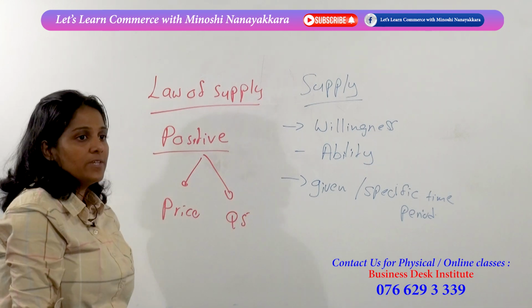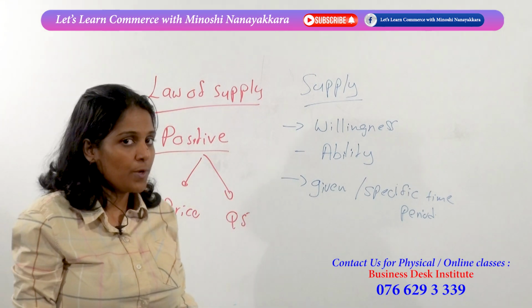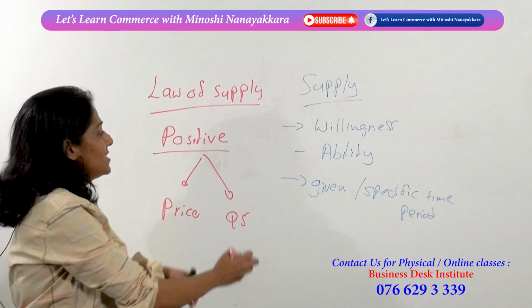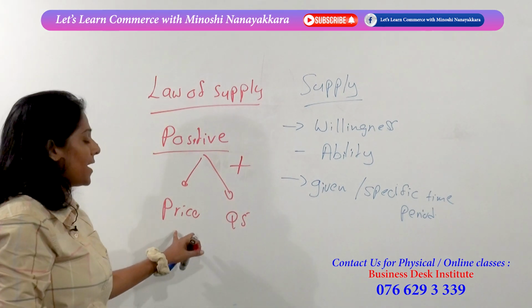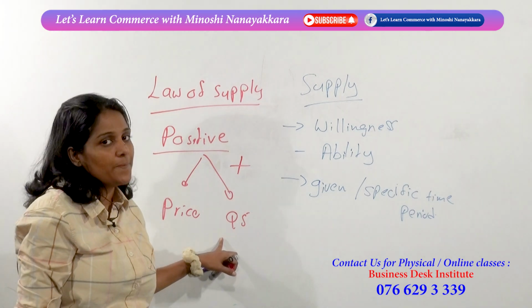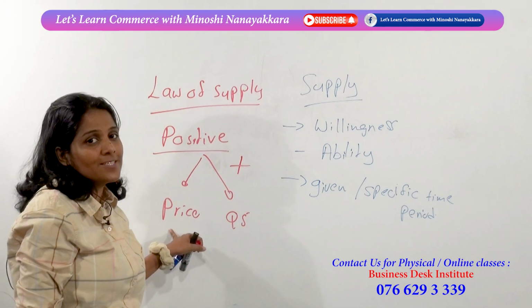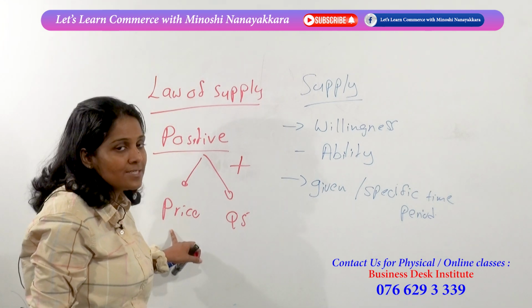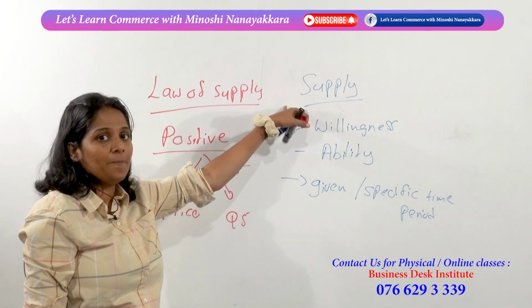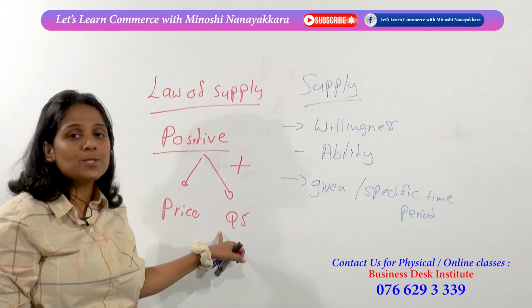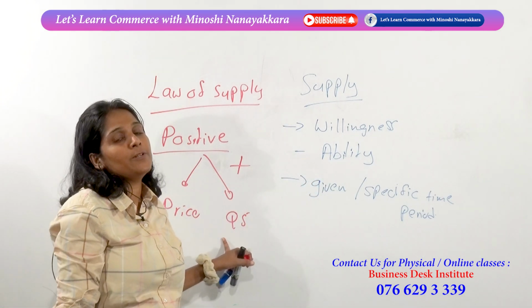Under the law of demand we discussed the negative or inverse relationship. Here we talk about a positive relationship between price and quantity supplied. That means when the price increases, suppliers are willing to supply, or are supplying, higher quantities, because then it is profitable for them.